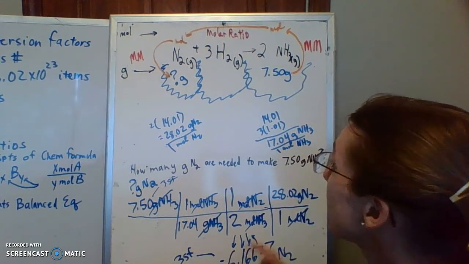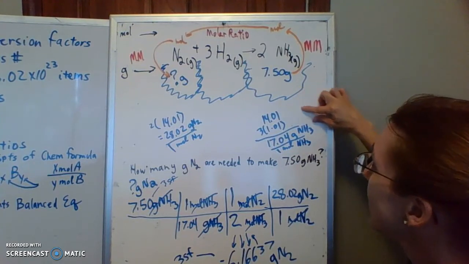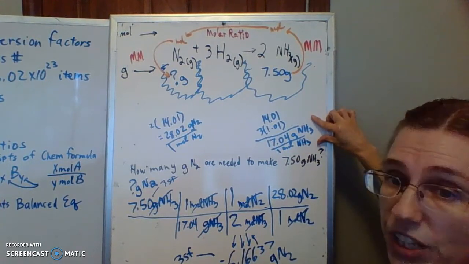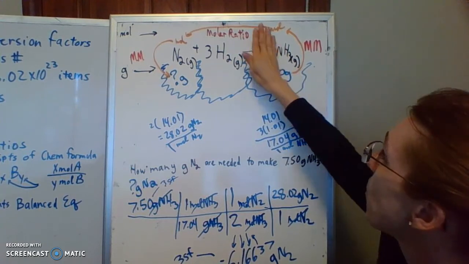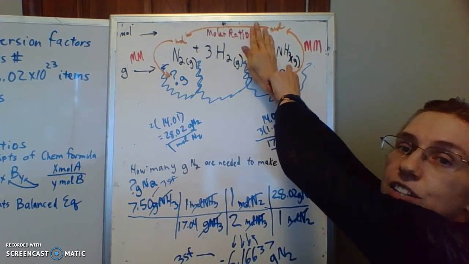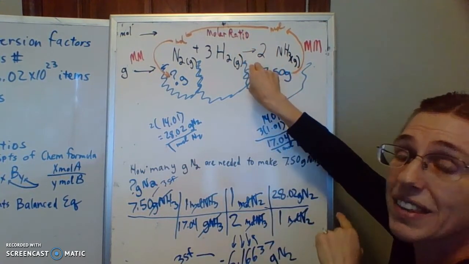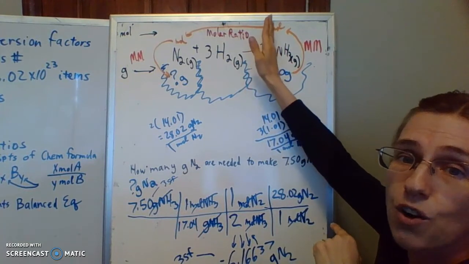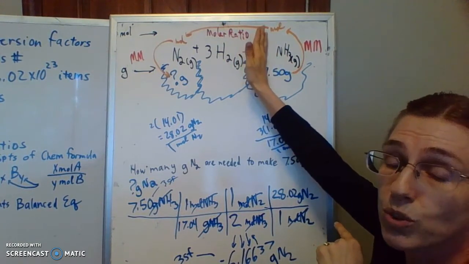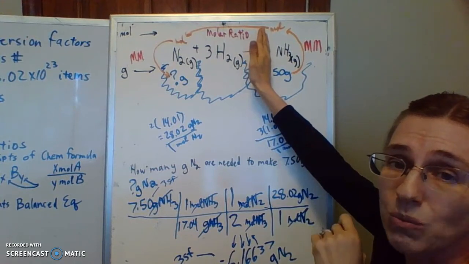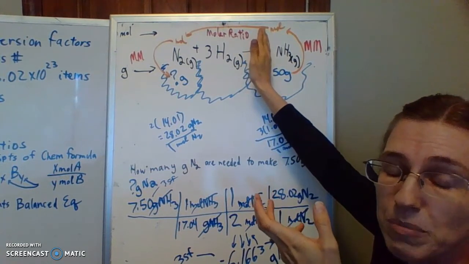The other thing I want to point out is when I calculated the molar mass of ammonia, it was the molar mass of ammonia, NH3. I don't care what that coefficient is. That coefficient has no bearing on the molar mass. The molar mass doesn't change depending upon what chemical equation it happens to be in.